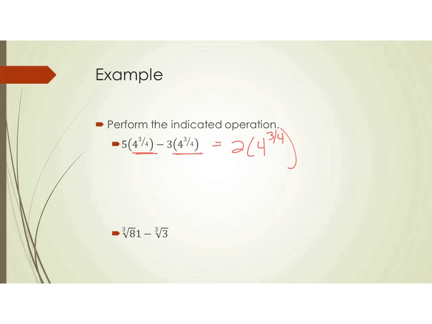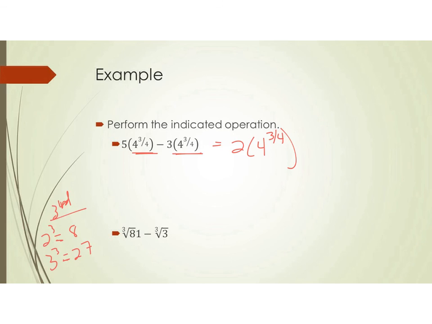But we might look into, does this cube root of 81 simplify? And your perfect cubes, like to the 3rd power here, 2 to the 3rd power is 8, which does not go into 81. 3 to the 3rd power is 27, and I do believe 27 goes into 81 three times.